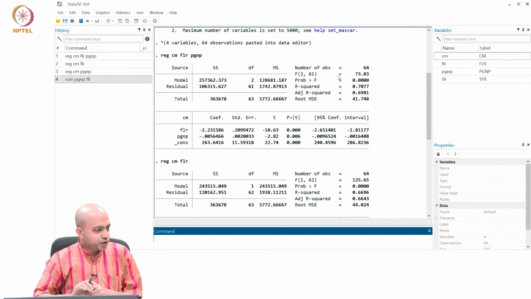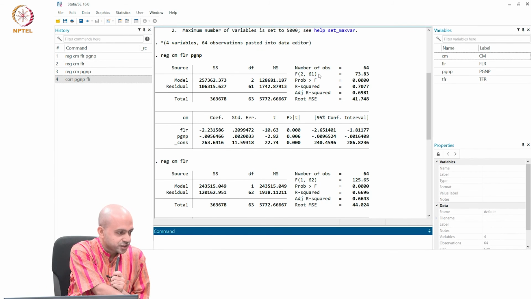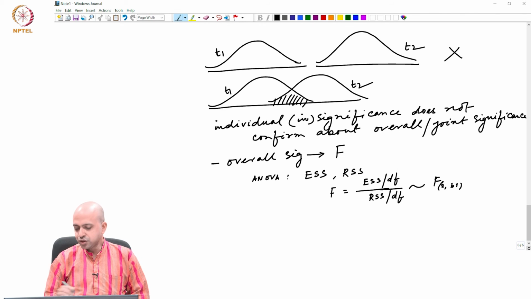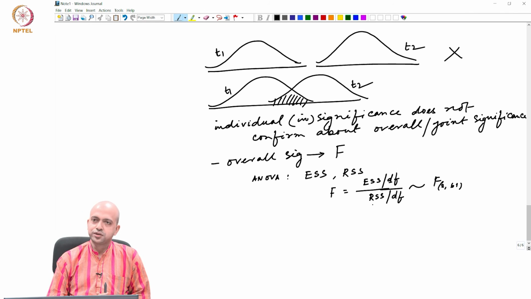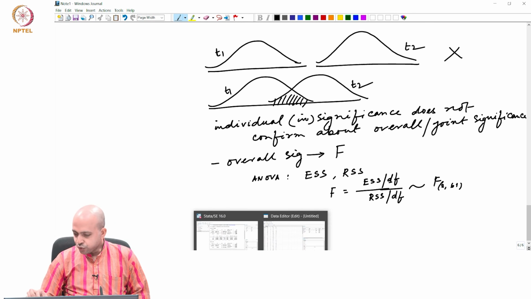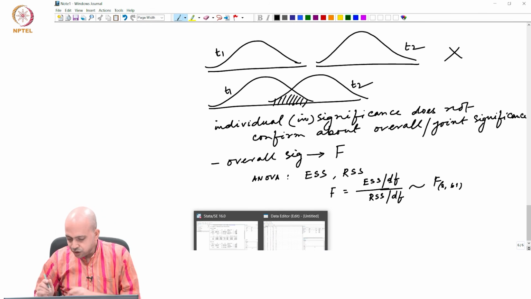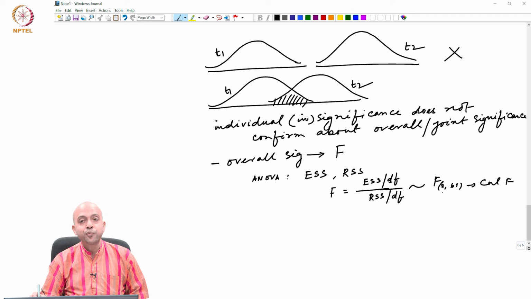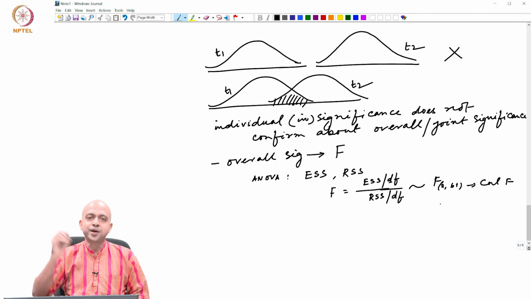What would be the degrees of freedom? Degrees of freedom would be 2 and 61 in this particular case. So, that means we need to first define the degrees of freedom for the ESS, the degrees of freedom for the RSS, and then we will get the F. This is called calculated F, and then we need to compare this calculated F with the tabulated value.